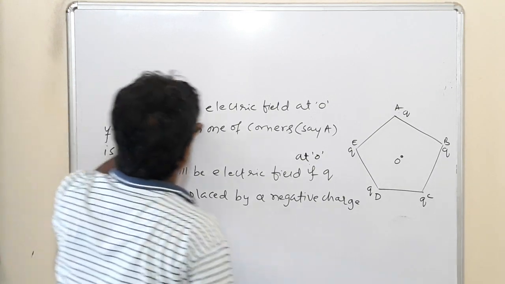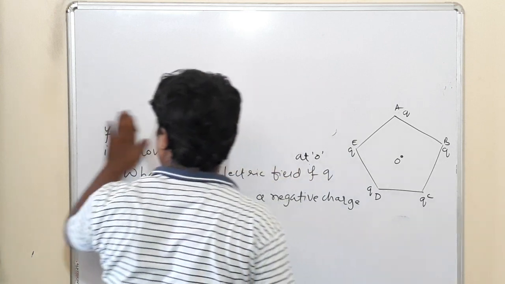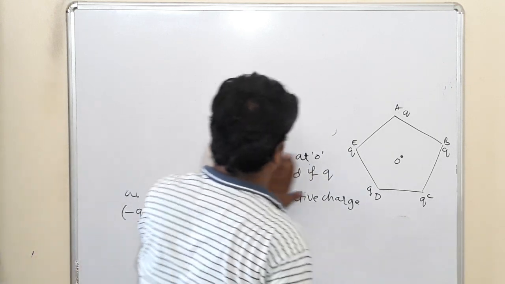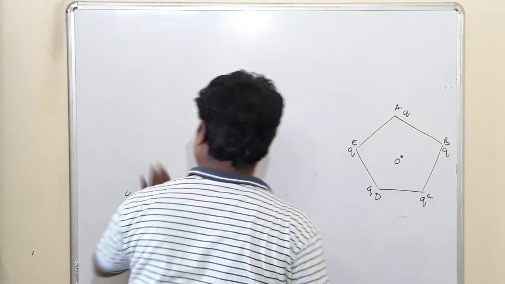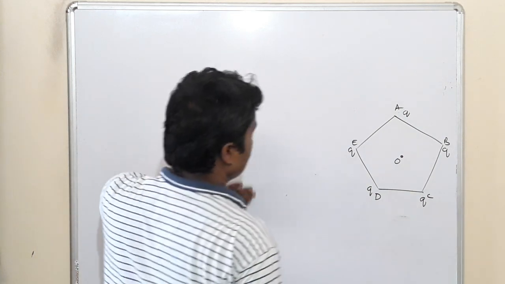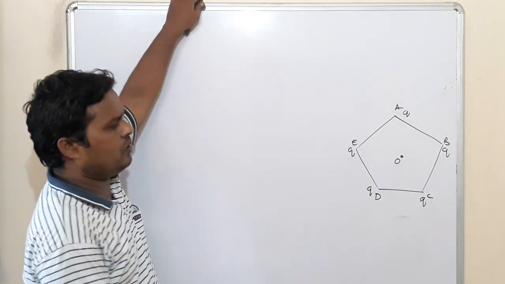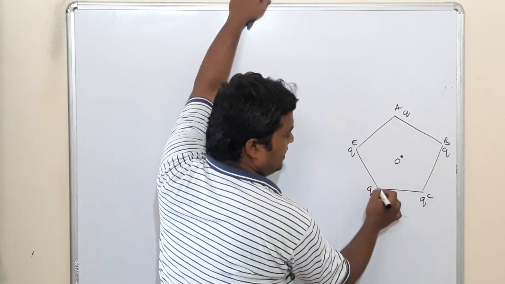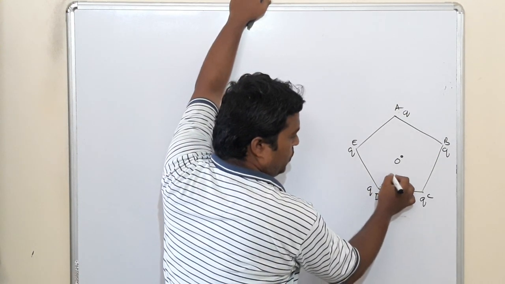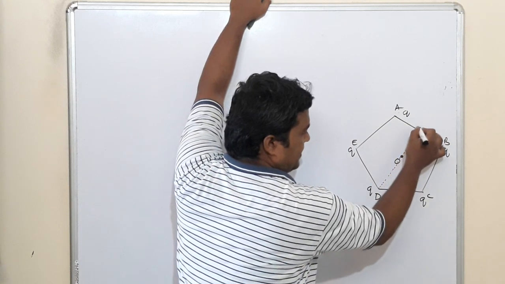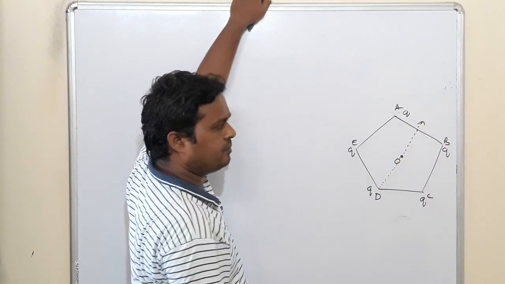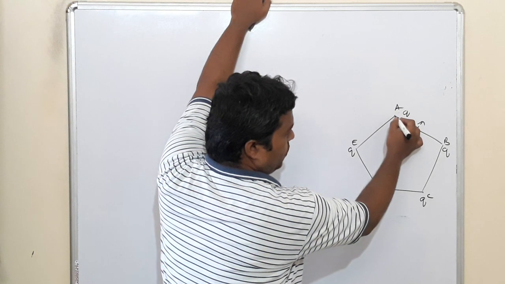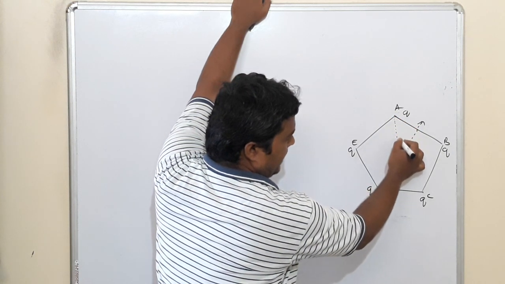Then how it cancels, or how to calculate the electric field at the center. At the center, all the 5 charges will make an electric field. See, this will be the electric field due to the first charge, in this direction. The electric field due to this will be in this direction.